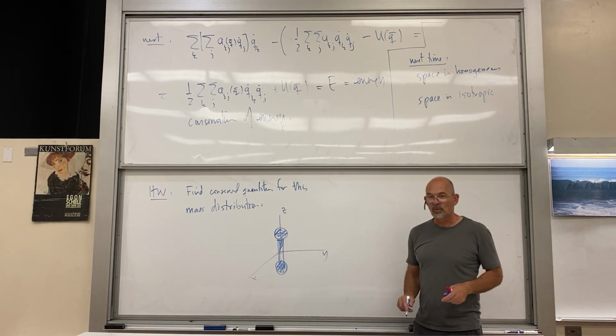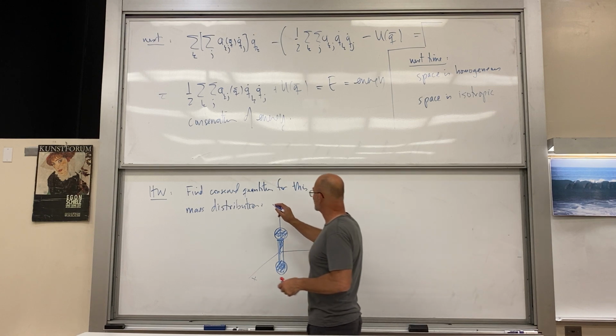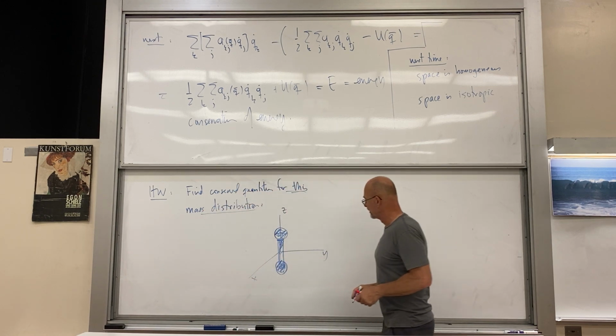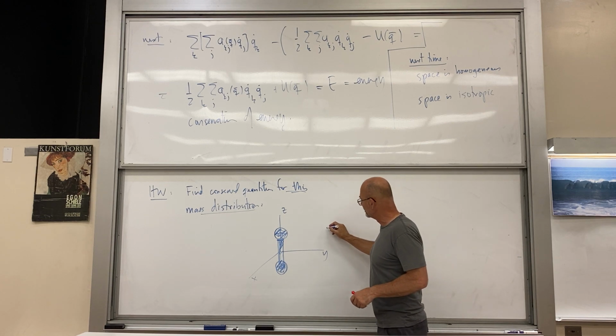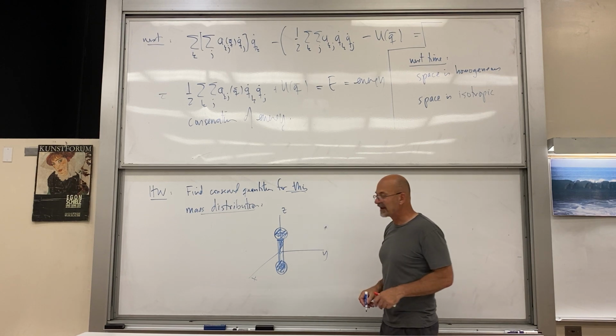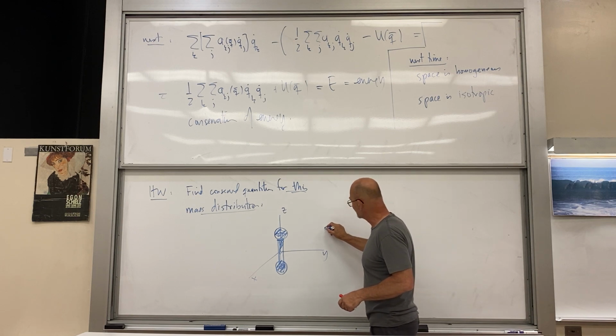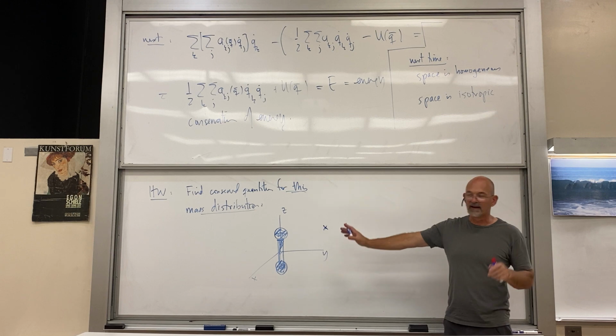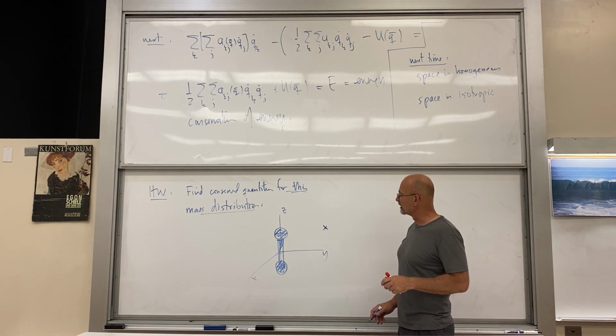What are the conserved quantities and why? So find the conserved quantities for this mass distribution here. You're a little space capsule. There's gravity. Okay, you're a little satellite. You're trying to orbit this thing or what have you. What are the conserved quantities?